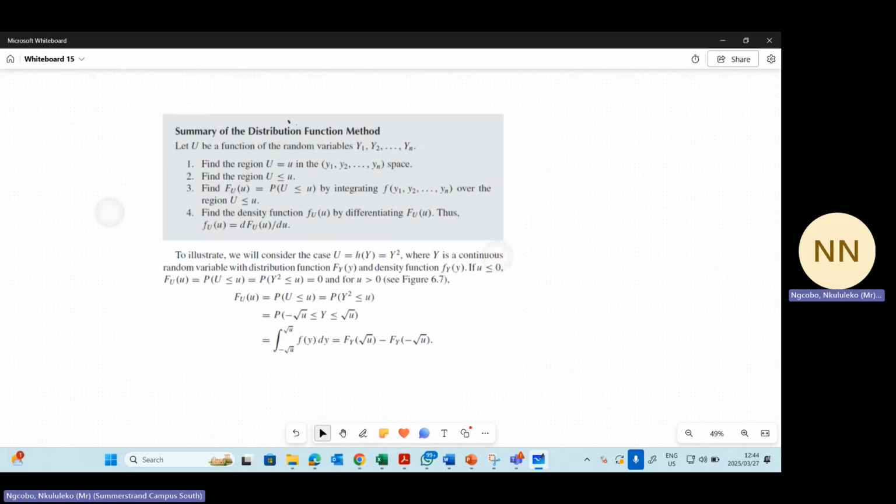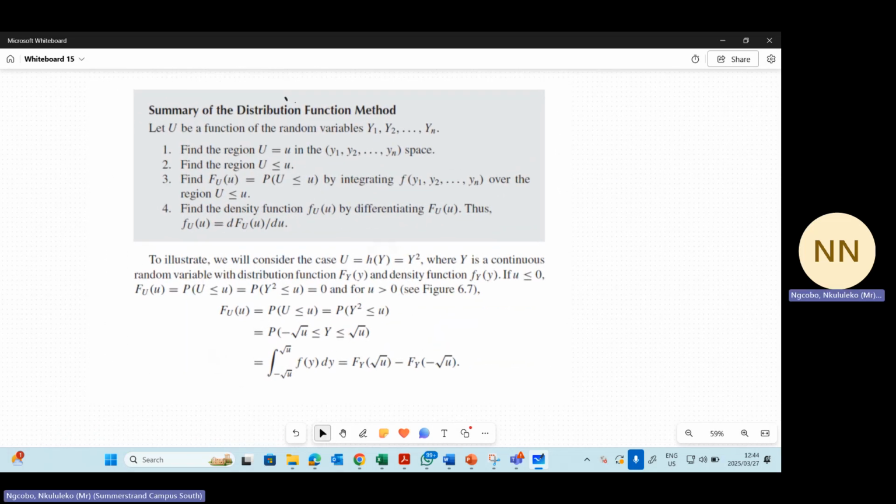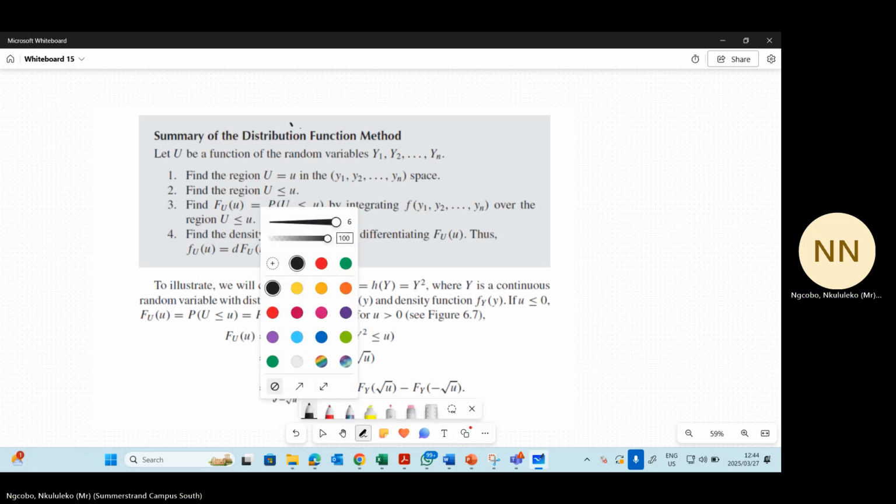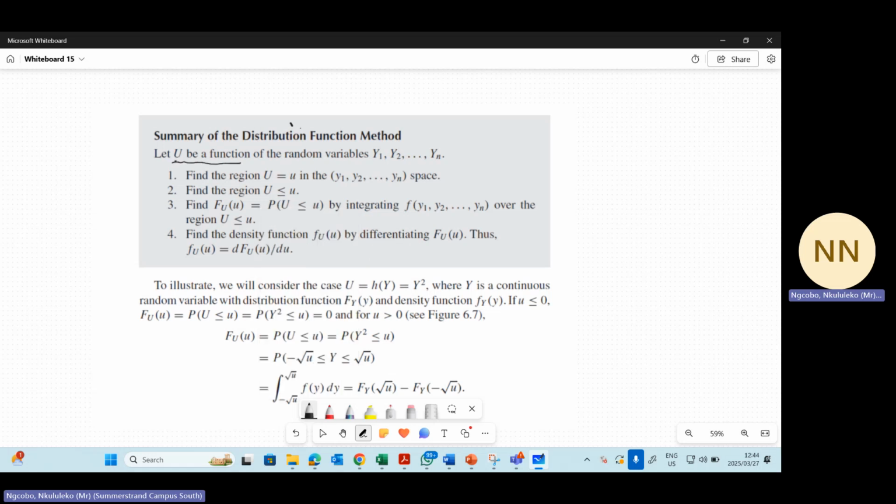The summary is that if you have a function u which is subjective to random variables, you firstly want to understand the region where your u is bounded within your y space.